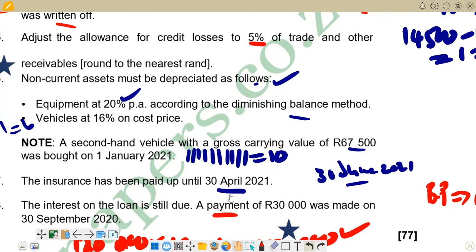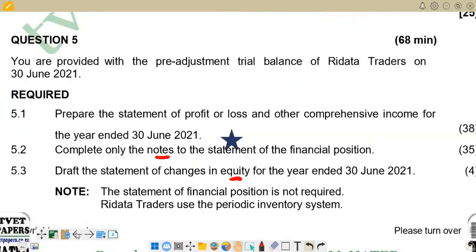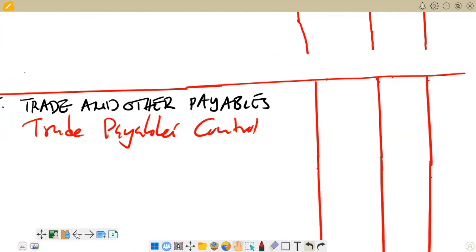And then interest on loan also, we have an accrual of interest on loan. Let's start with insurance, and then we come back to the calculation of interest on loan. Right, on insurance, you can just say add accrued expense.